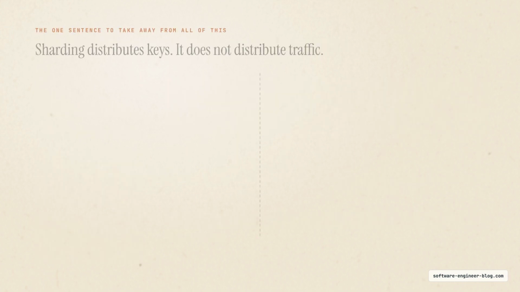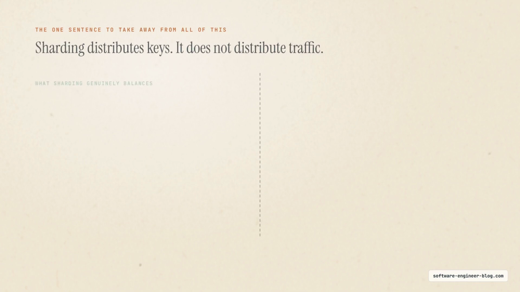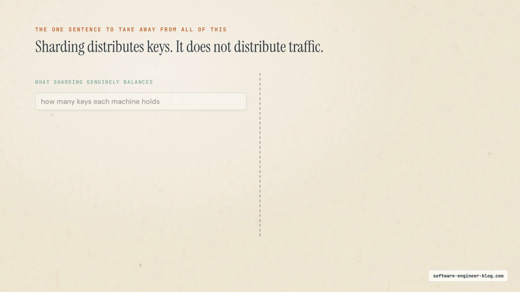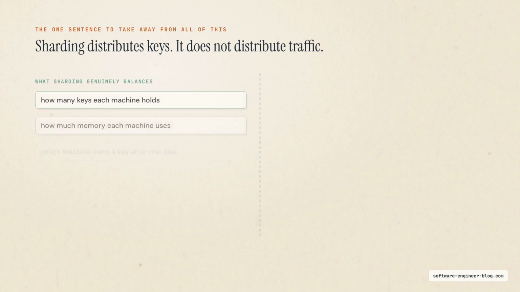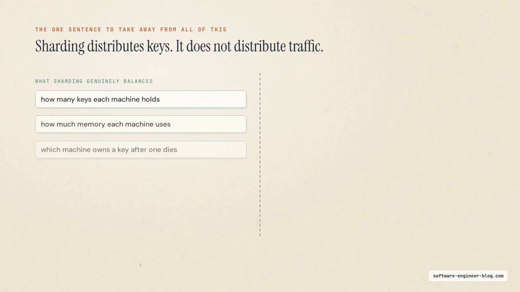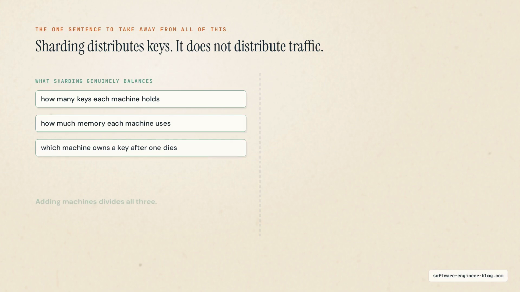Here is the sentence to remember from this whole video. Sharding distributes keys. It does not distribute traffic. On the left are the things sharding genuinely balances: how many keys each machine holds, how much memory each machine uses, and which machine owns a key after one of them dies. Adding machines divides all 3 of those.